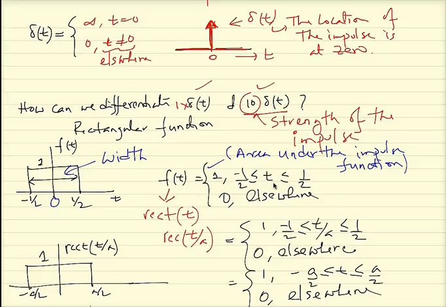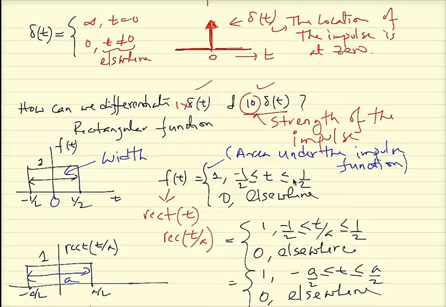Now, if you want to express a rectangular pulse which has a width a, for example as we have drawn here, from minus a over 2 to plus a over 2, so this one has a width of a. How do you express that? In this case, you replace t by t over a.